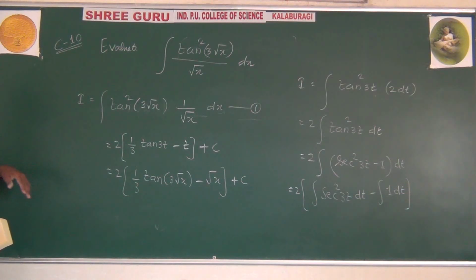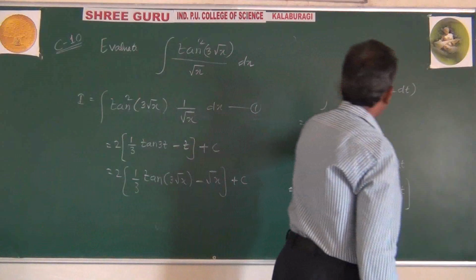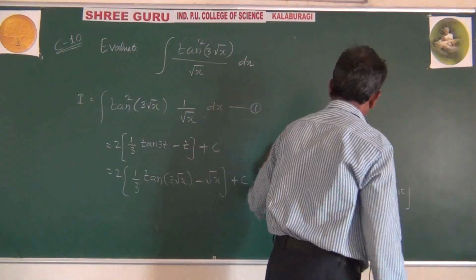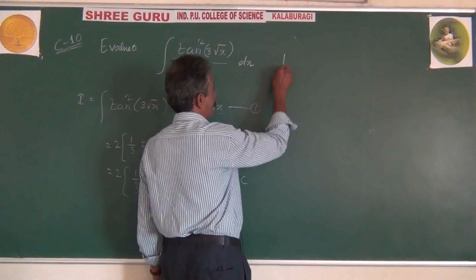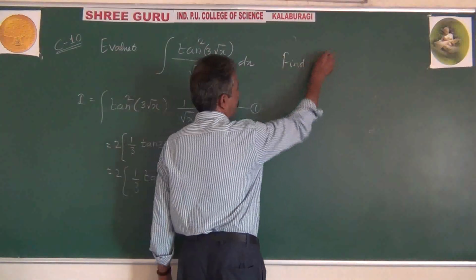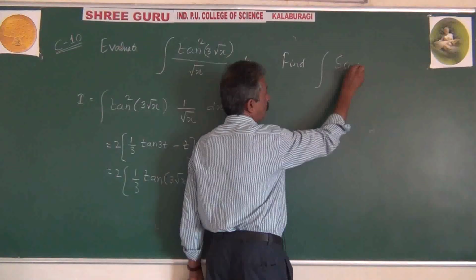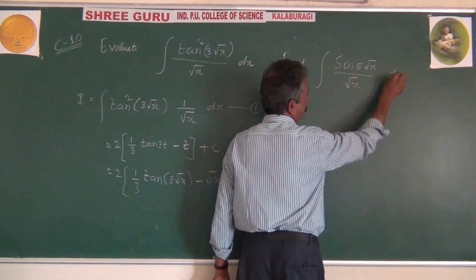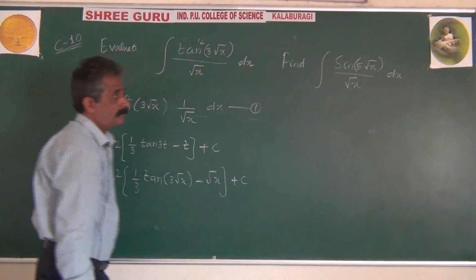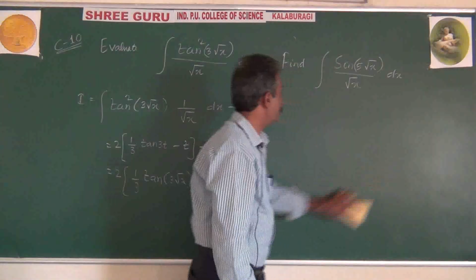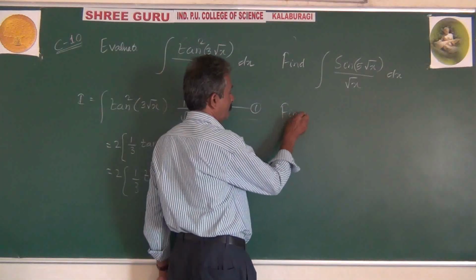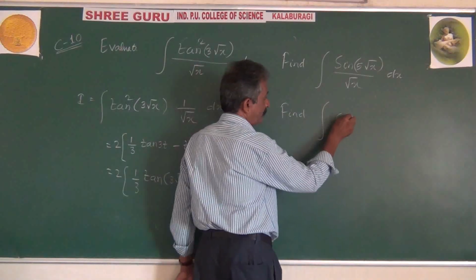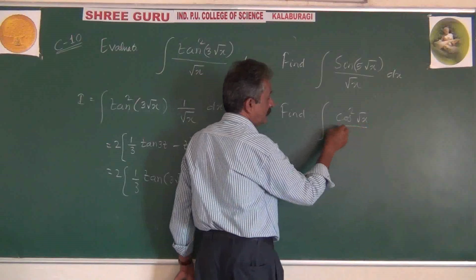Next 2-3 questions are similar. You put efforts yourself at home. It's a good practice for your part. Try these 3-4 similar to the last problem. Find or evaluate integration of sine of 5 root x divided by root x dx. Here what is the substitution? Substitution is root x. Next, find integration of cos square root x divided by root x.